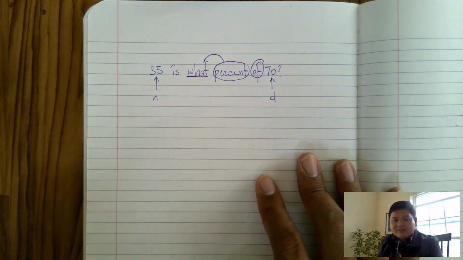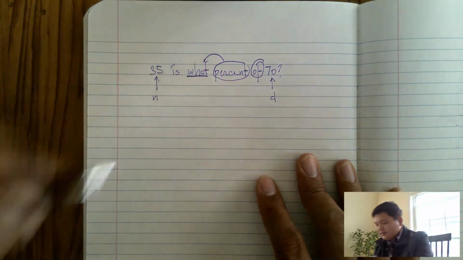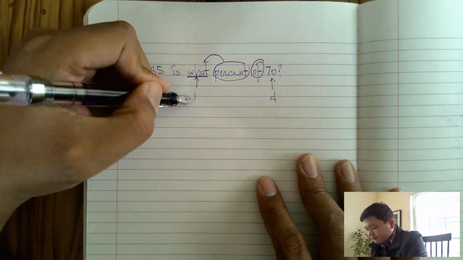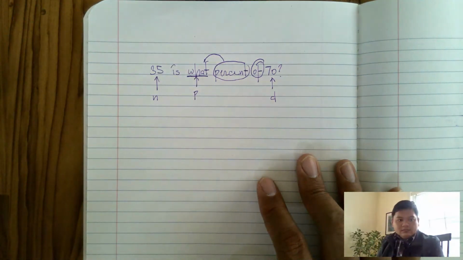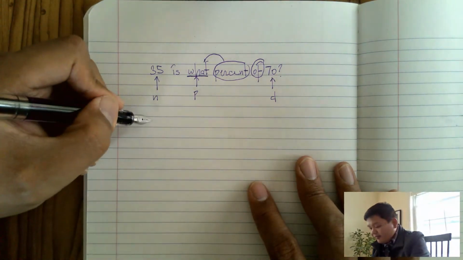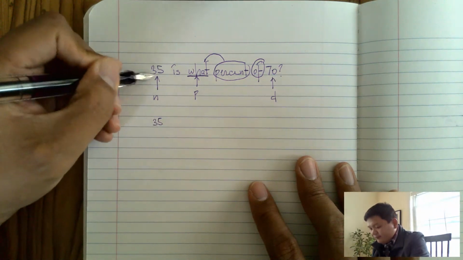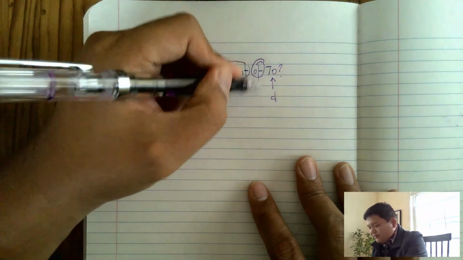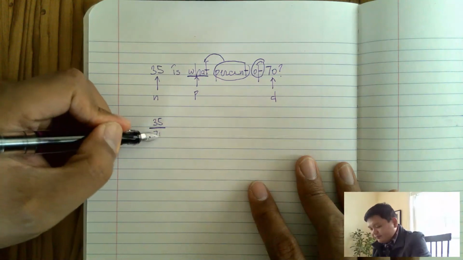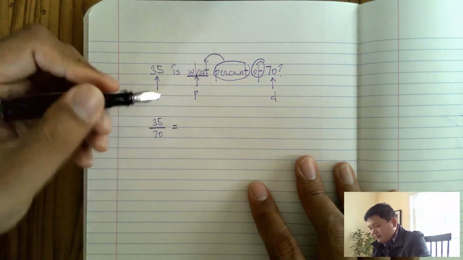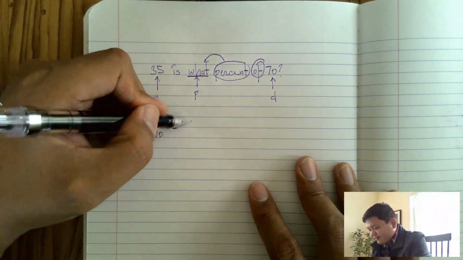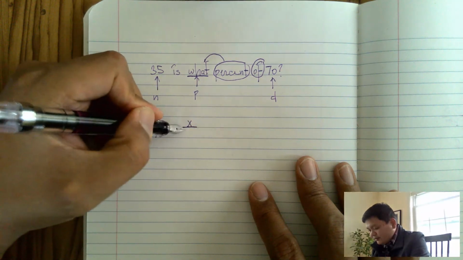So this time, we are looking for the number over 100, right? So this is the percent. And so we can write 35 over 70 is equal to x over 100.